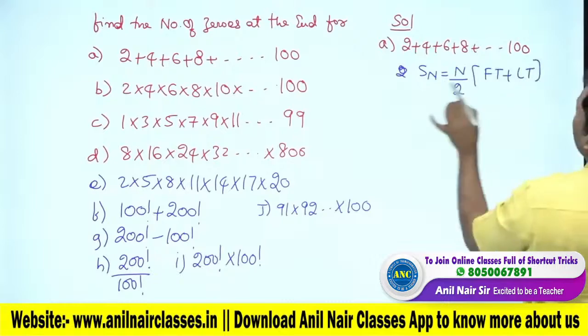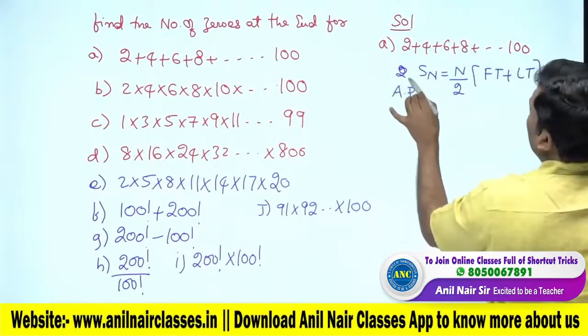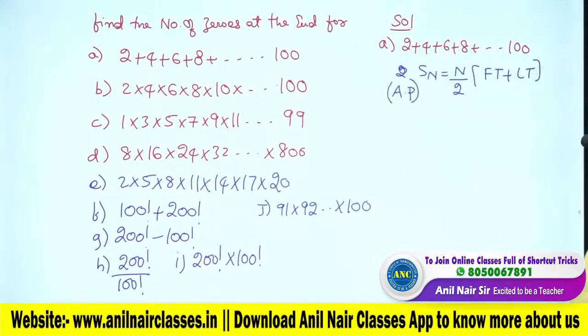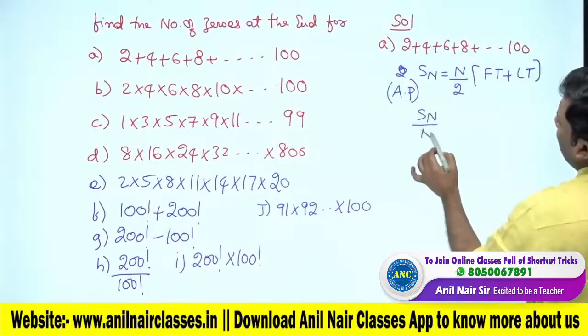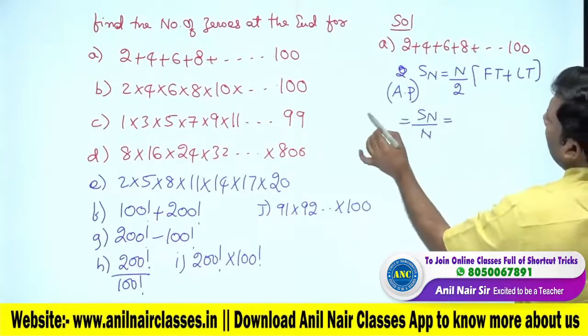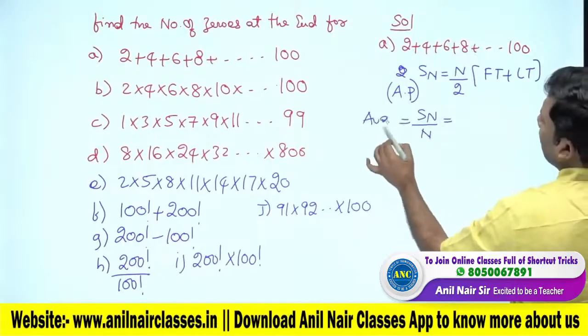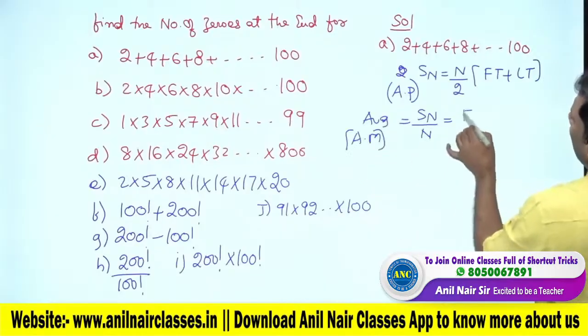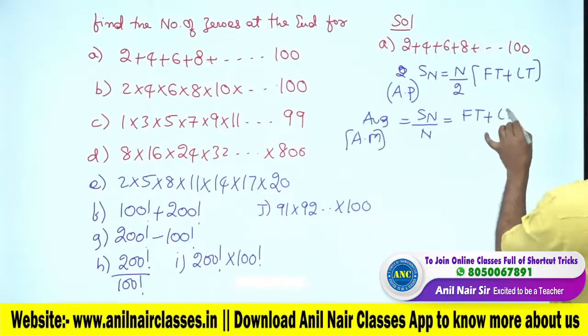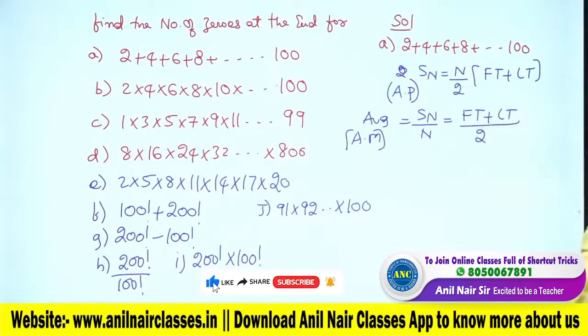Sum of n terms in AP is given by n by 2 into first term plus last term. Why? Sn by n is called average. Average in AP is also called arithmetic mean. Arithmetic mean is given by first term plus last term by 2.